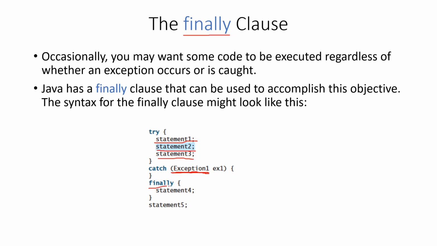But if we use finally, this finally would execute in any case, even if we get an exception that is not handled by catch. So finally allows us to execute any statement without looking at this part of the code.